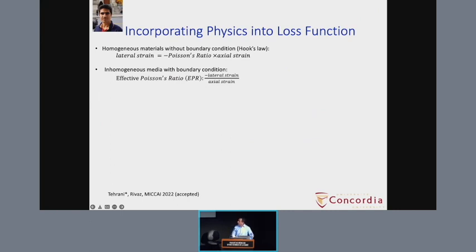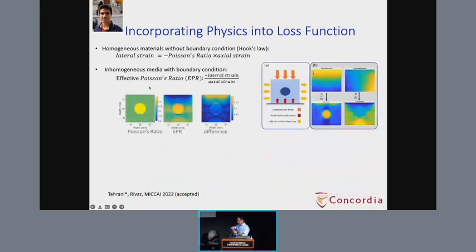So in the real world, where we have inhomogeneous material with boundary conditions, the effective Poisson's ratio is used instead. It's defined the same way, but it's called the effective Poisson's ratio. To show what the effective Poisson's ratio is, here I'm showing a finite element simulation.